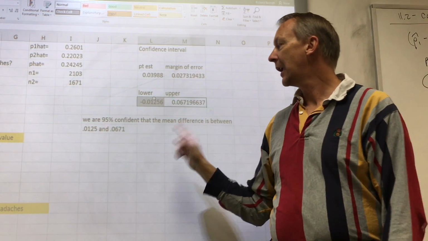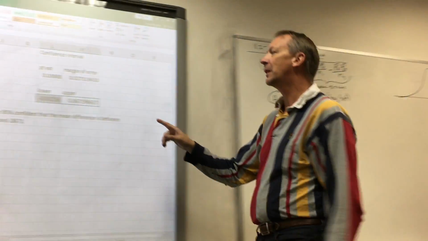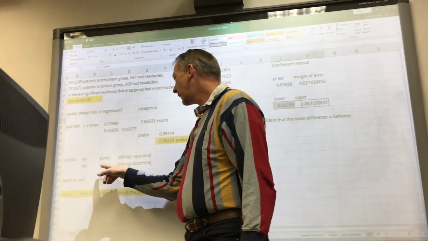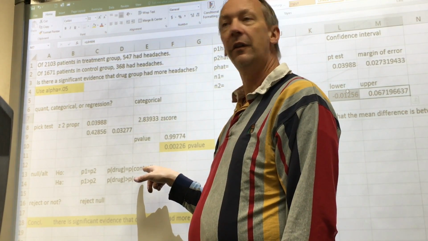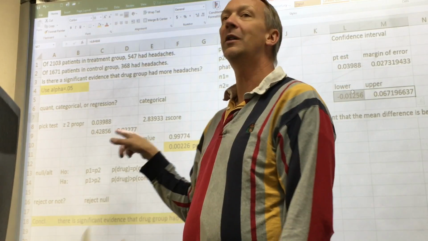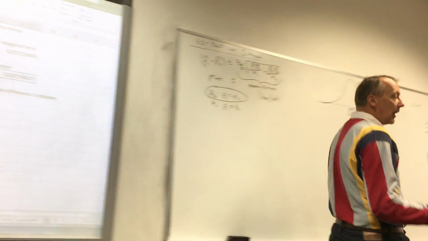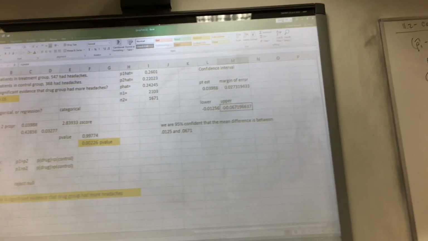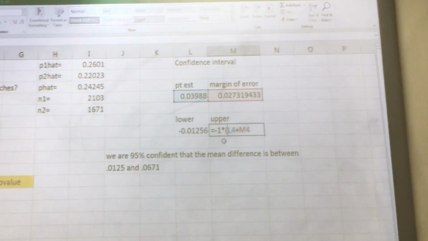Now, what if, with my alternative hypothesis, I said that the drug was greater than the control. What if I had said the control was less than the drug? All of my things would have been opposite, right? So I'm going to put a -1 times this as well.